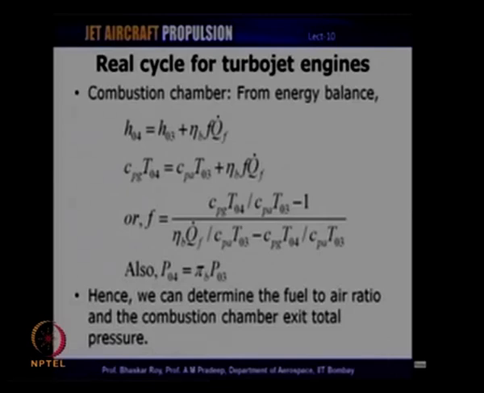So, having determined the properties all the way up to combustion chamber exit, we now move towards the next component, which is the turbine. So, we have the temperature and pressure at the combustion chamber exit, which is the turbine inlet. Based on these temperature and pressure values which are known to us, we can now carry out the cycle analysis for the turbine, that is the component analysis for the turbine, to determine what is the pressure across the turbine, and what is the temperature at the exit of the turbine.